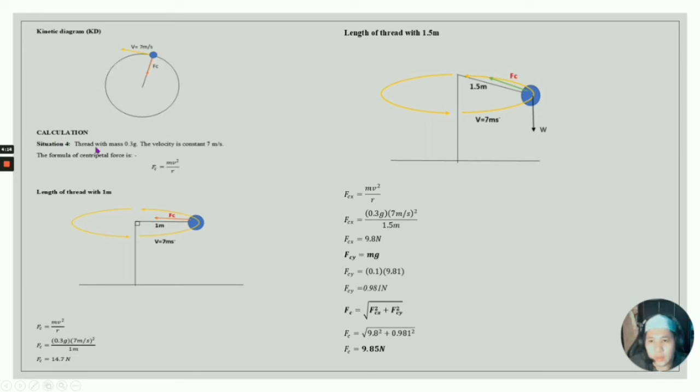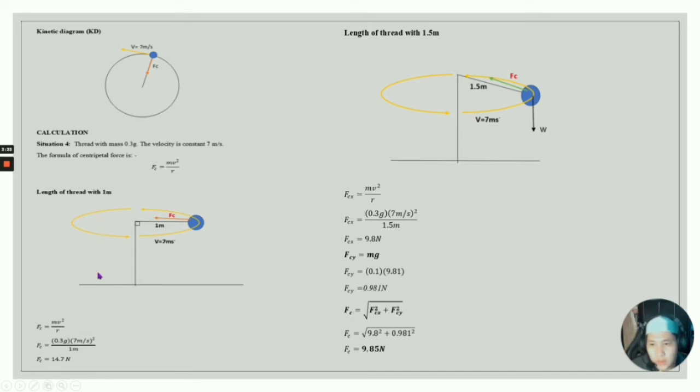For the calculation, this is for the string with mass 0.3 gram, and the velocity is constant at 7 meters per second. The formula for Fc is mass multiplied by velocity squared, divided by the radius, which is the length.